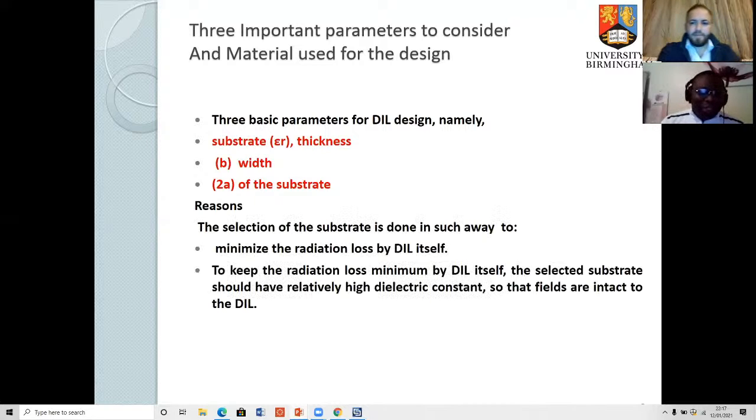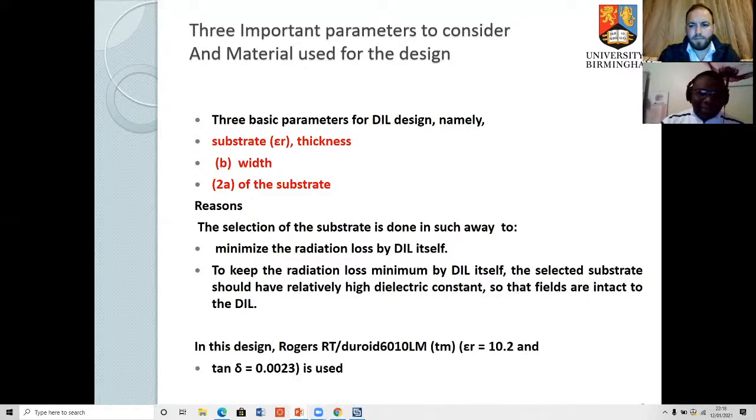Now, the reason why we're using this substrate is because the substrate will keep the radiation loss to a minimum. And so we will need a particular substrate which has a very high dielectric constant. The substrate that we chose has a dielectric constant of 10.2 with a loss tangent of 0.023, and this was used in our design.